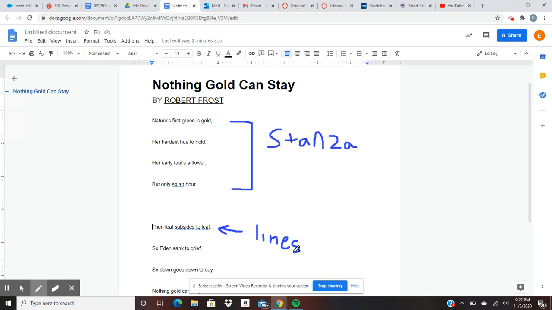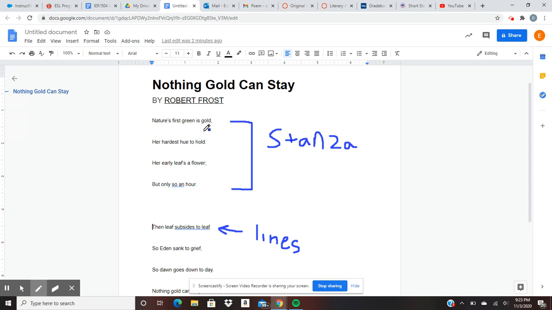So we told you you needed to have either 4 lines or 3 lines to one stanza, but of course, you can do this any way you want. Those are just recommendations to help you structure the poem in the best way you can.